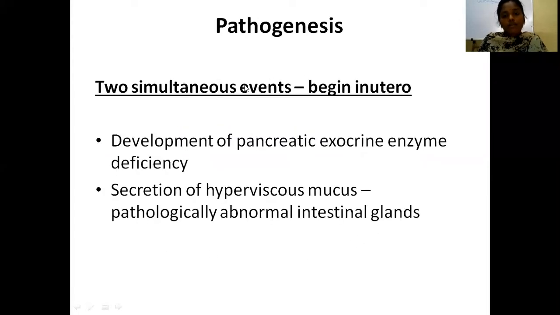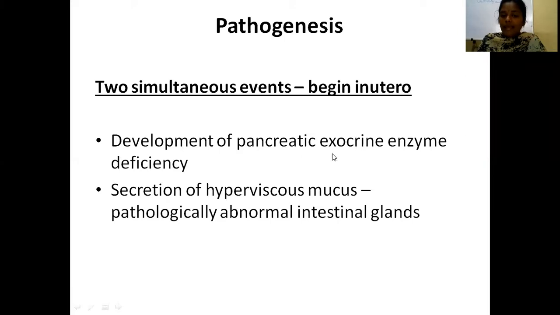What is the pathogenesis for meconium ileus? This event usually begins in utero only. There are two events which are occurring simultaneously. One is development of pancreatic exocrine enzyme deficiency.